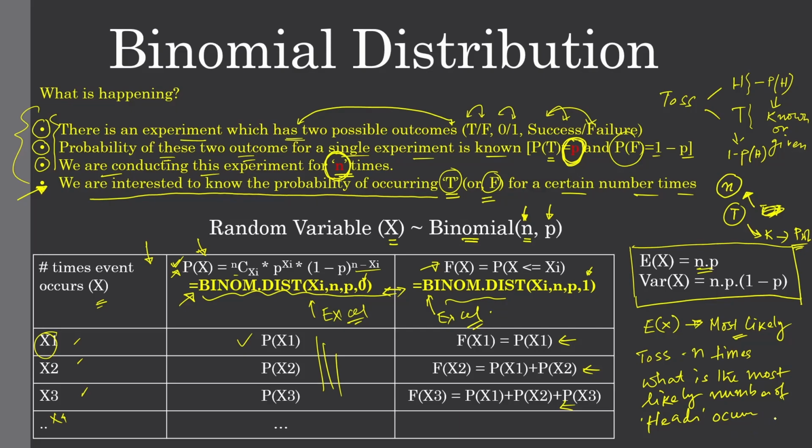If this is the question, then the answer is the expected value, that means n into p. So that's all about binomial distribution.